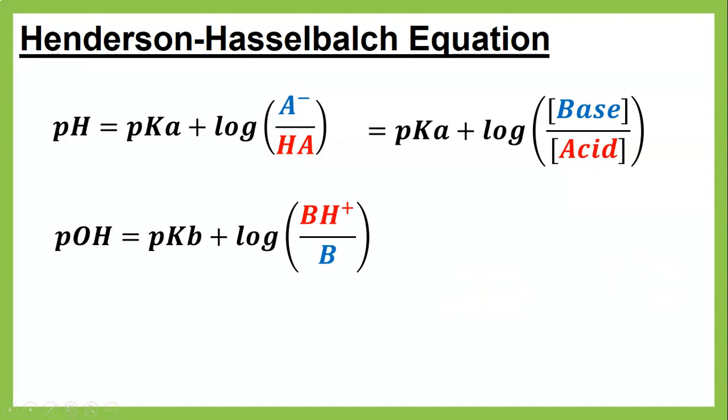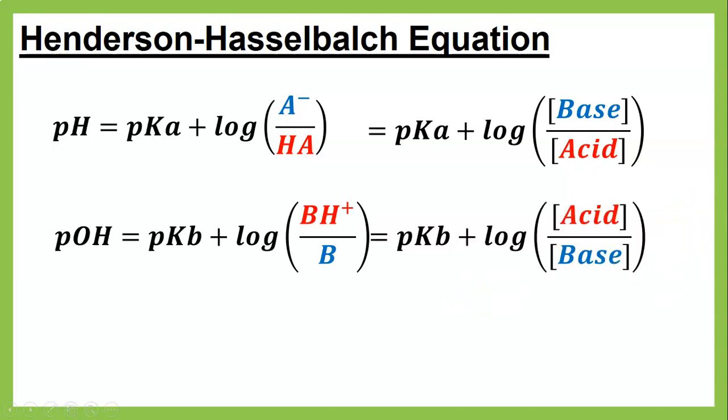To find pOH, it's backwards, isn't it? And you're going to use pKb, so be careful about that. So if you're looking for pH, the acid goes on the bottom. If you're looking for pOH, the base goes on the bottom. That's how I remember it.